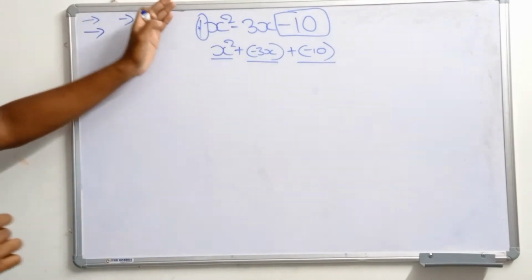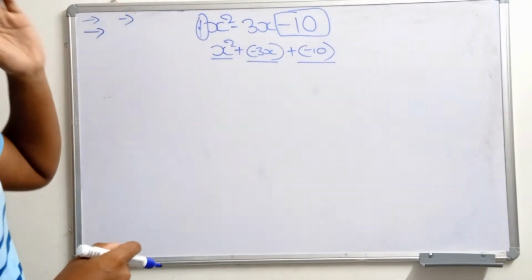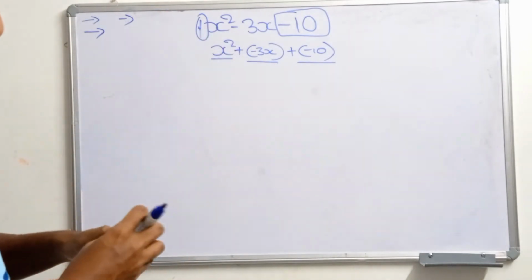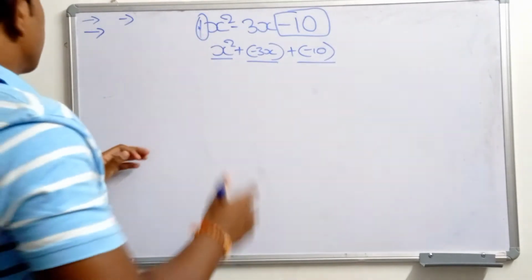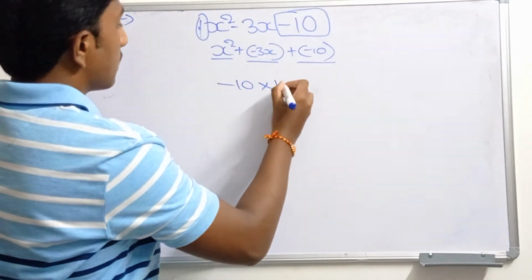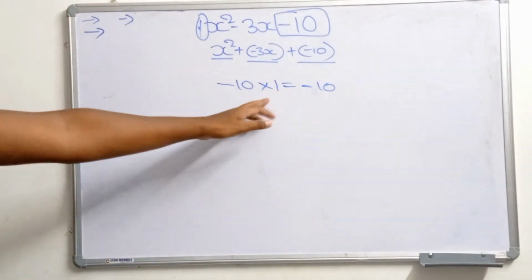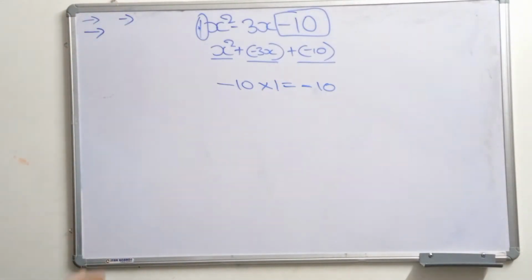If nothing is there at that place, you can take it as plus 1. If 0 is there, you have to include the 0, but 1 is not necessary. So according to the third rule, minus 10 into 1 is equal to minus 10.